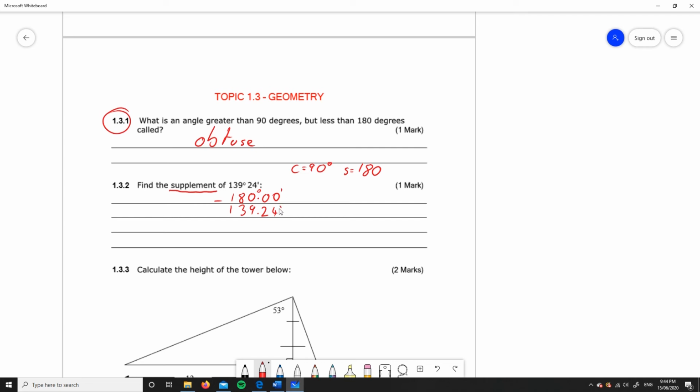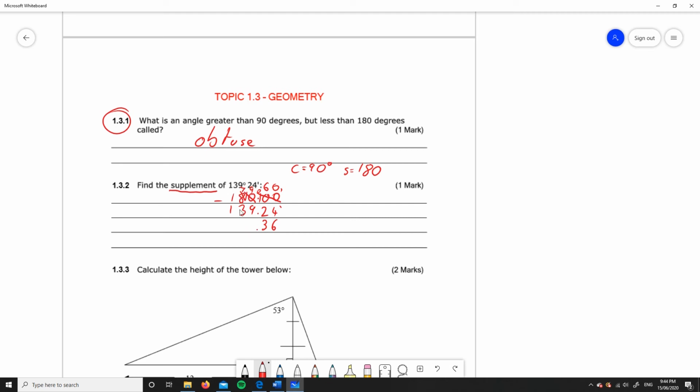Okay, so 60 minutes make up 1 degree. So what I would do is borrow from there, which gives me a 7, puts a 10 onto there, borrow there, that leaves me with 9, and instead of putting a 1 like that, I'm going to make this 60. So 60 minus 24 is going to give me 36.